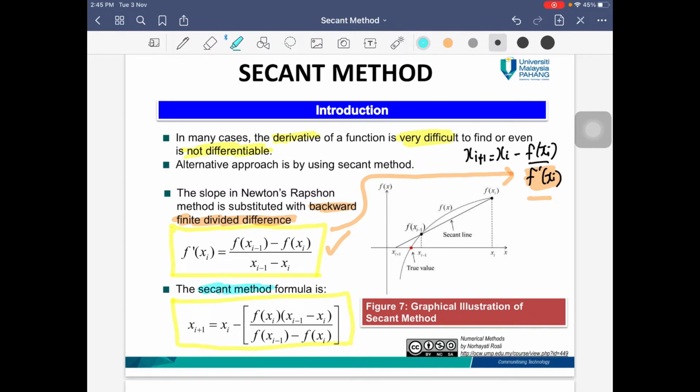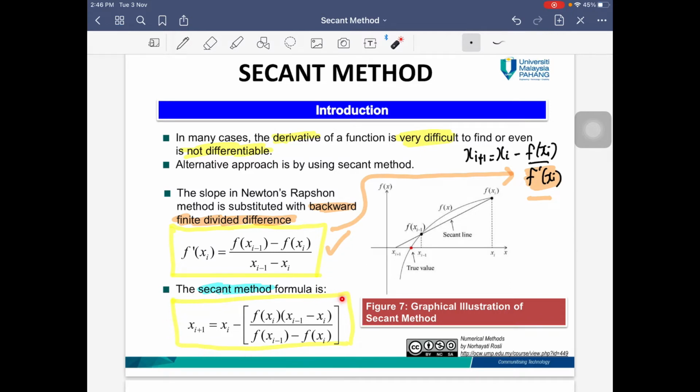So look at your secant method formula. In order to use it, you update your root estimation: x i plus 1 equal to x i minus this fraction, where you have f x i multiplied with x i minus 1 minus x i, over f of your function at x i minus 1 minus f when x is equal to x i.